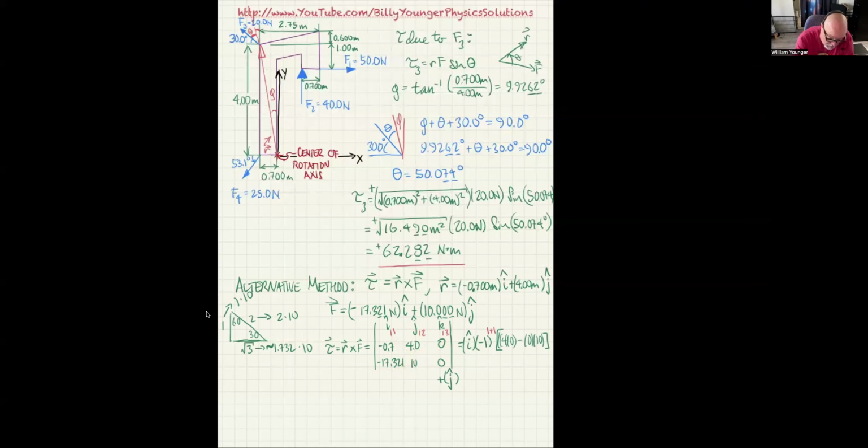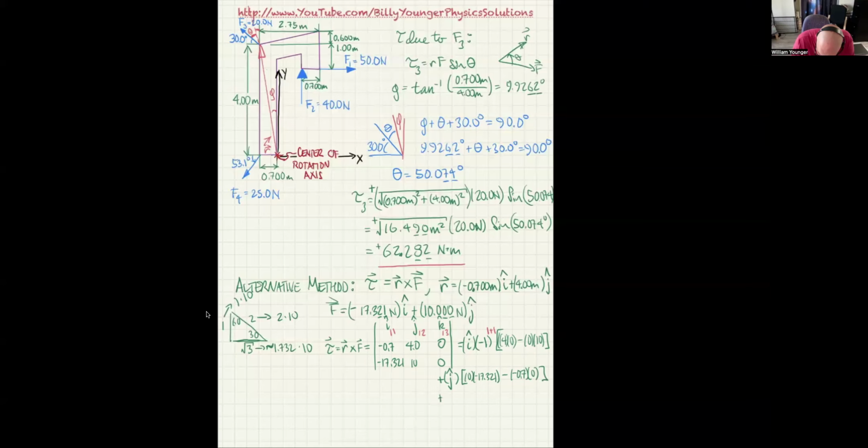I just go ahead and put my square brackets up here. And what I'm going to do is take 0 times -17.321 minus, now I'm going to do -0.7 times 0. And again, you see that's just 0.